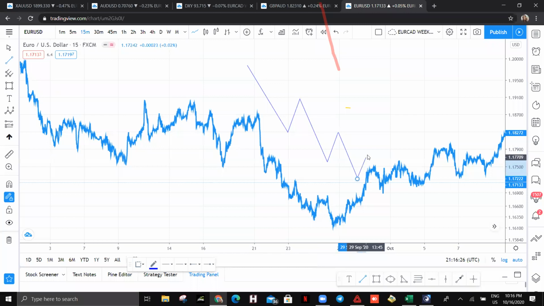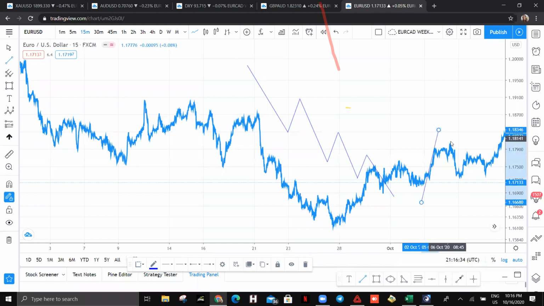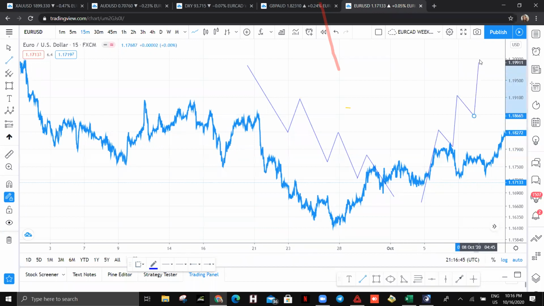You know, when you're drawing it, it looks beautiful, but when you're doing the chart, it's not like that. Now this for a downtrend. Now for an uptrend, it goes like this, like this, like this.